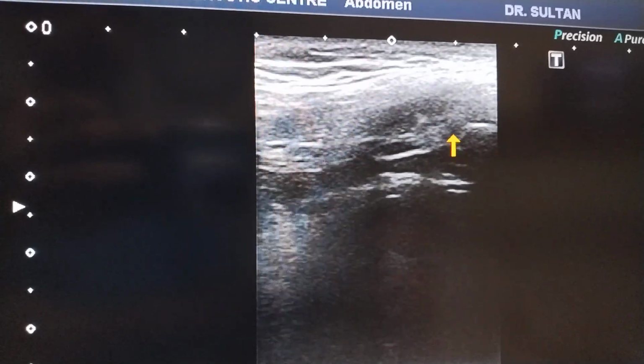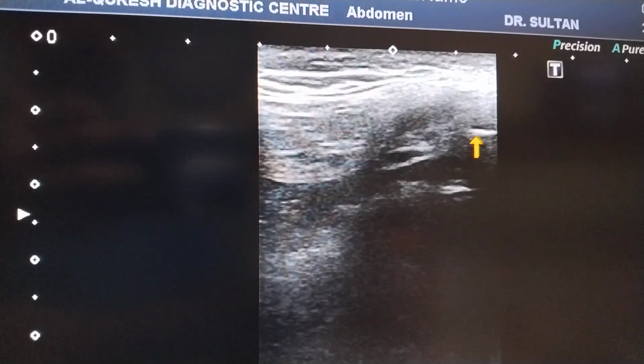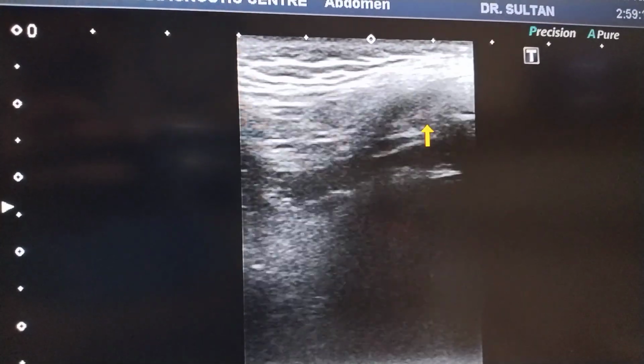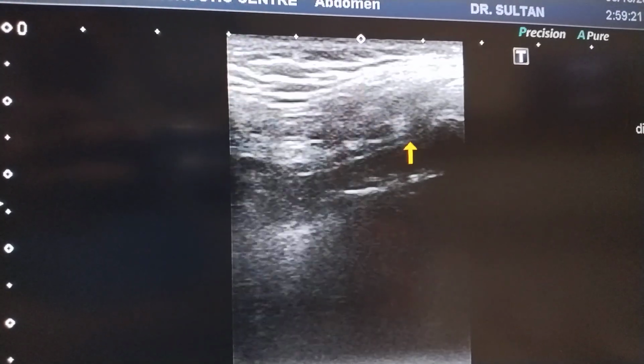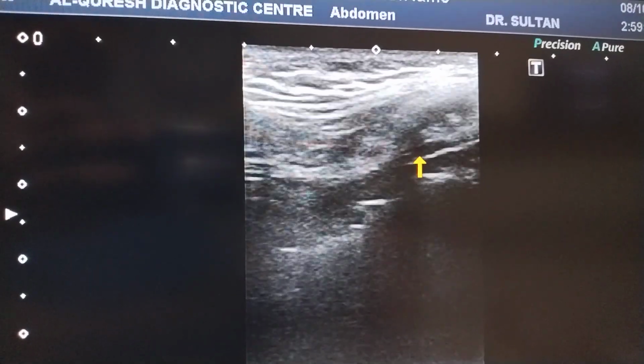Only part of the tubercle is seen, and my probe is in the direction towards the anterior superior iliac spine.